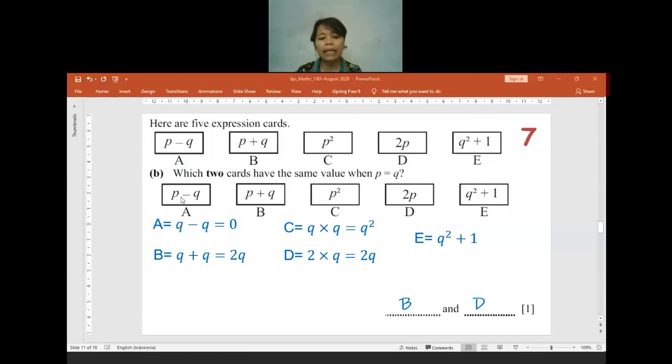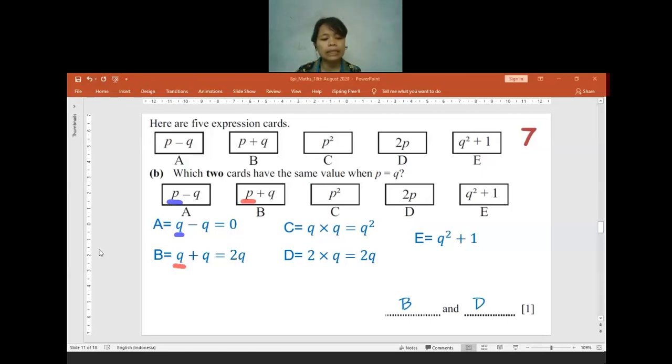For card A, I replace P with Q. It becomes Q minus Q, which equals 0. For card B, I replace P with Q. P plus Q becomes Q plus Q. There are two Q's, so the answer will be 2Q.